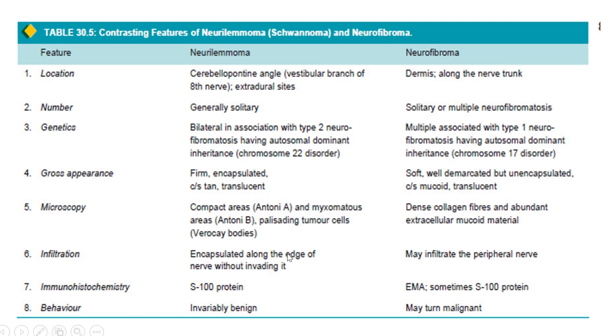Infiltration: schwannoma is encapsulated and generally does not invade the underlying nerve fibers. Neurofibroma may infiltrate the peripheral nerves. IHC: schwannoma is S100 positive, whereas neurofibroma is EMA positive. Behavior: most often schwannomas are benign, whereas neurofibromas may turn malignant.